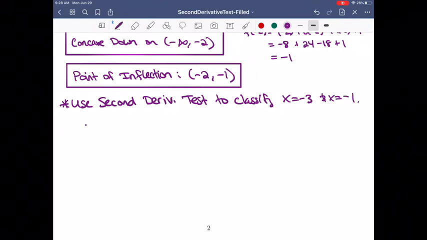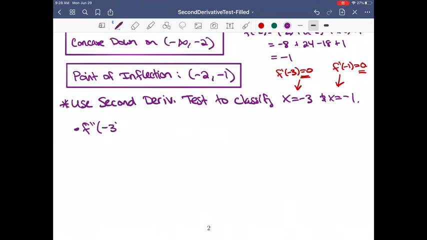Remember that f prime of negative 3 was 0, as was f prime of negative 1. Because they're equal to 0, the second derivative test applies. So these are critical numbers where it's possible to use the second derivative test.